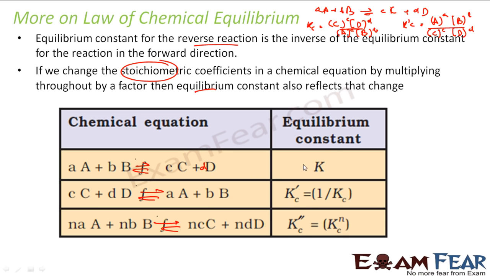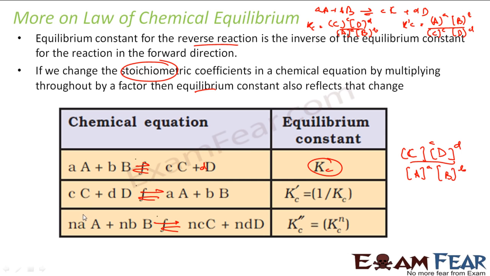So in this case, if Kc is my equilibrium constant, the value I've given here is C to the power small c, D to the power small d, by A to the power small a, B to the power small b. So if you just flip this equation, you see my reverse reaction's equilibrium constant becomes 1 by the equilibrium constant of the forward reaction.